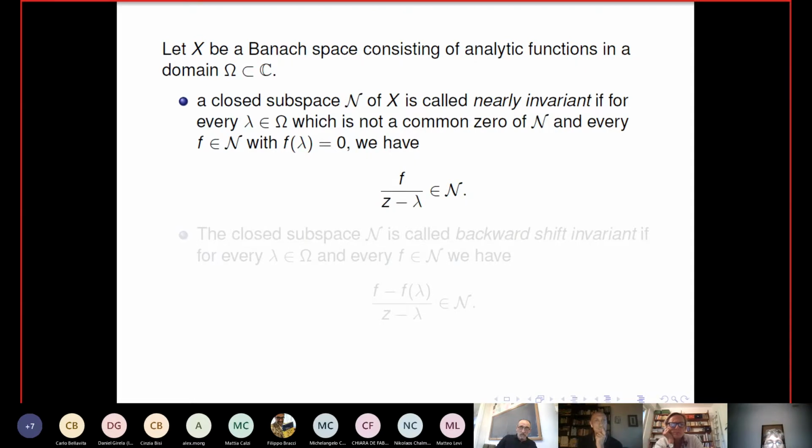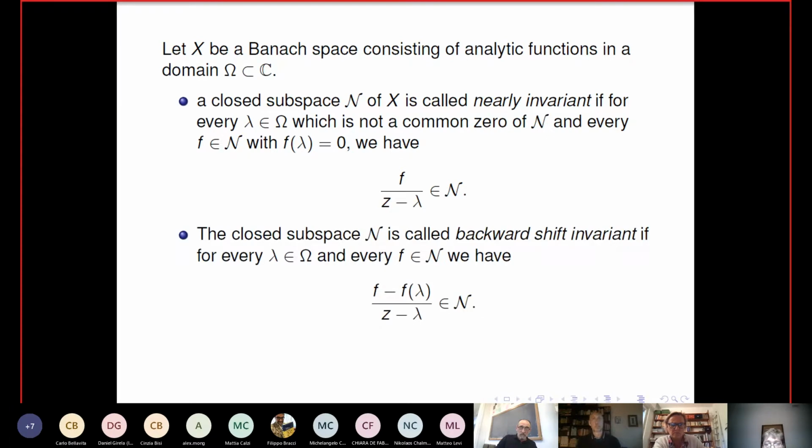Whenever you have a function with a zero which is not a common zero of the whole subspace, you can divide it out and you stay in this subspace. Now, a more restrictive thing is if you ask that the divided difference stays in the subspace, and then we say that the subspace is backward shift invariant.